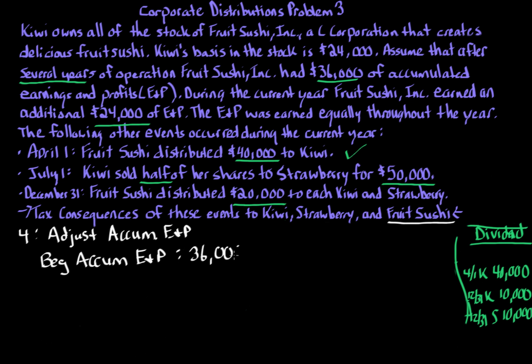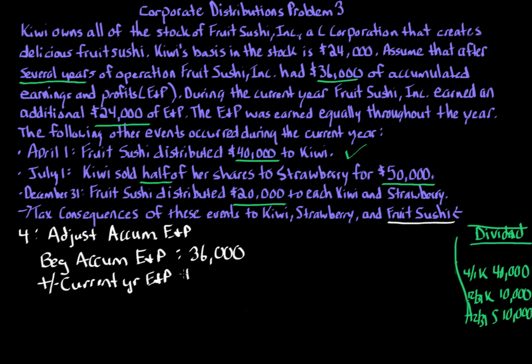So that's 36,000. Then we add to that the current year EMP that we're told. Not step 2 EMP, the current year EMP that we're told. We add or subtract depending on the situation, if it's negative or positive. Okay, here it's a positive 24,000.